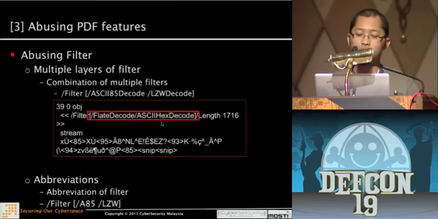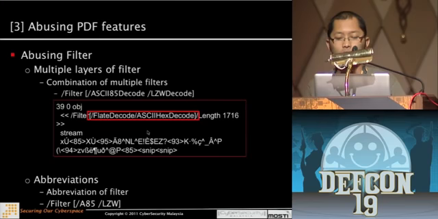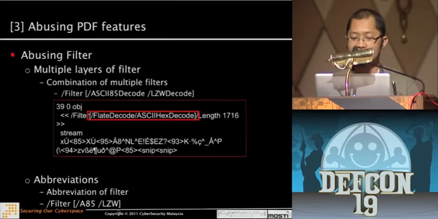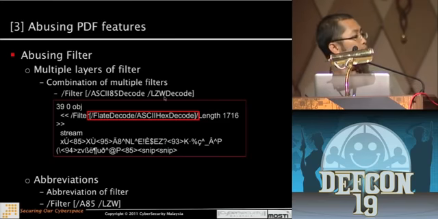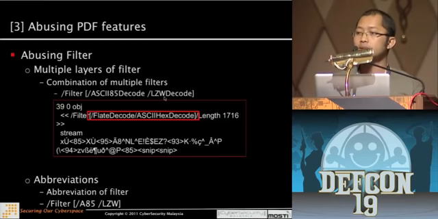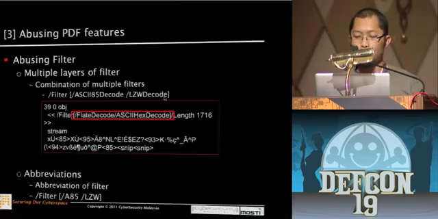You can also use abbreviations, for example A85 belongs to ASCII85Decode and LZW belongs to LZWDecode. With this kind of abbreviation, if you don't put it within your parser, it would be difficult for you to decompress all these filters.